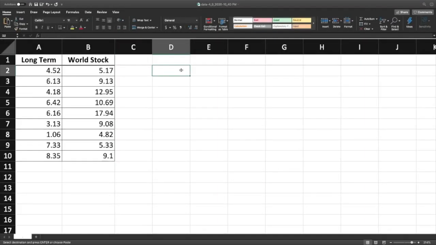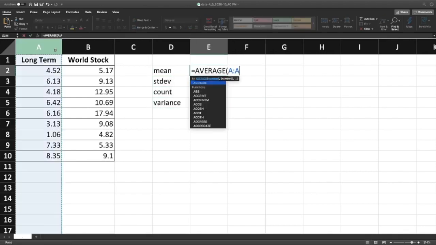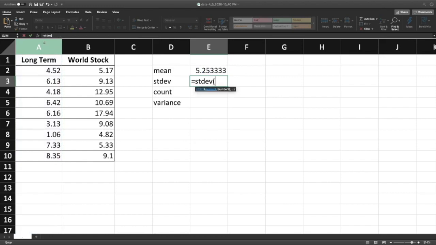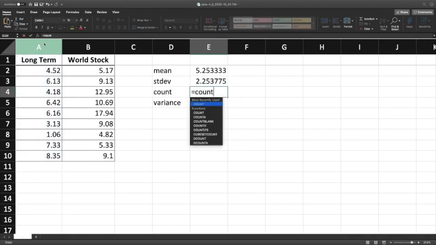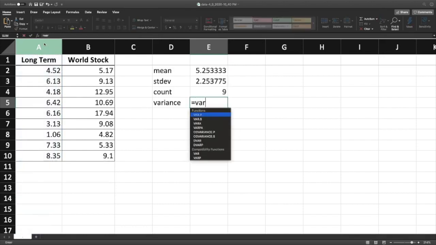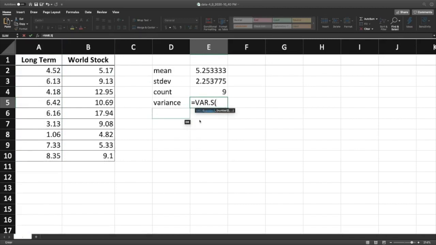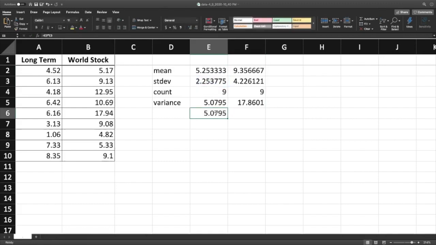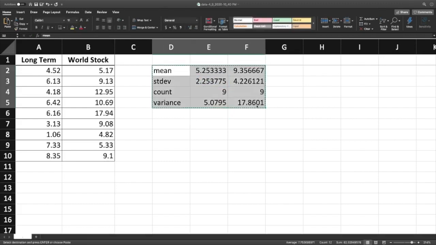We just did this before. Be careful, this is a sample, so take var s. Just for good measure, you can check this squared, same value. Let's copy this.